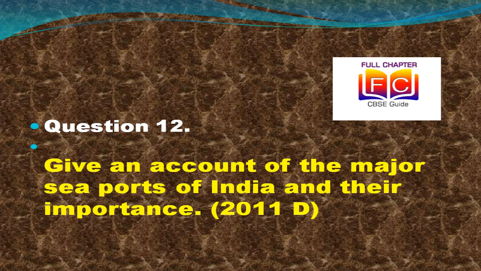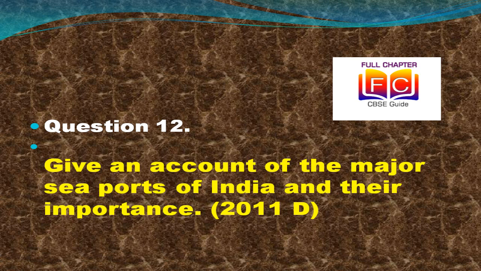Next question. Give an account of the major seaports of India and their importance. Answer. Kandla Port in Kutch. It was developed after independence to reduce the load on the Mumbai port, as the Karachi port had gone to Pakistan after partition.